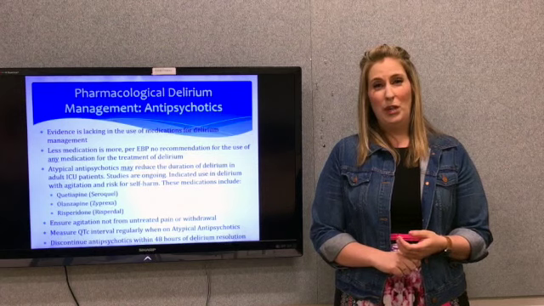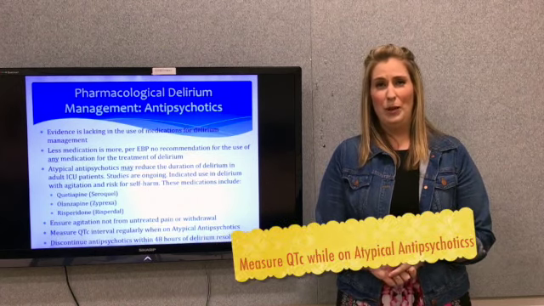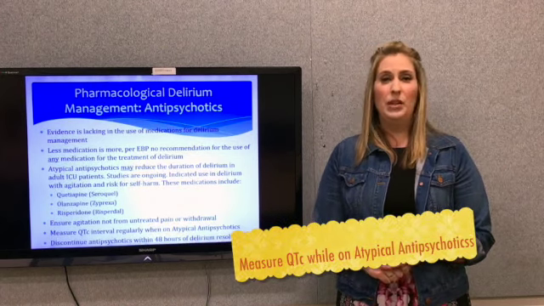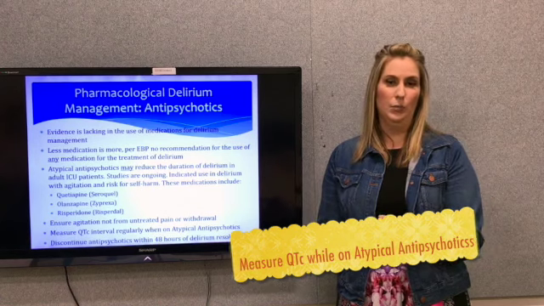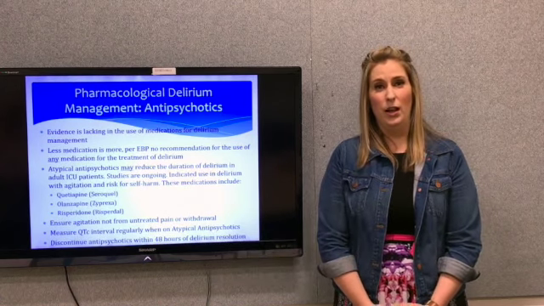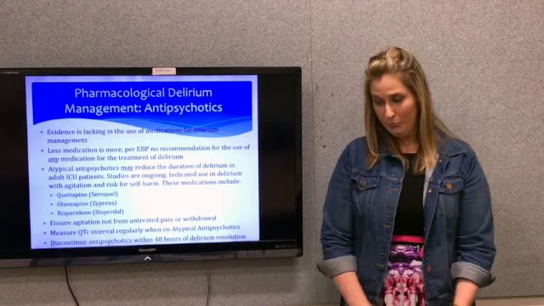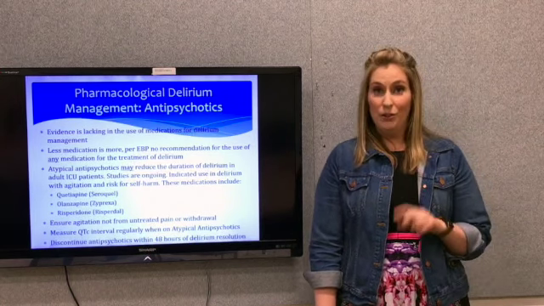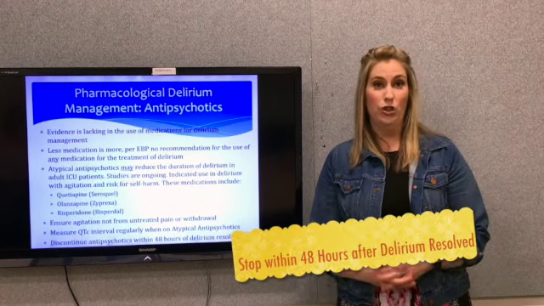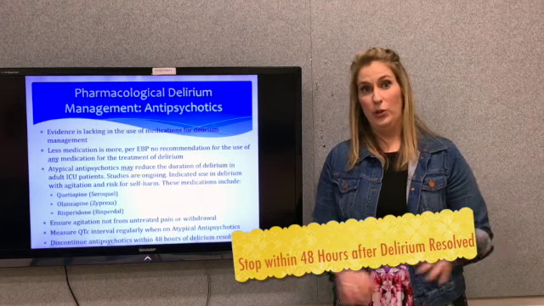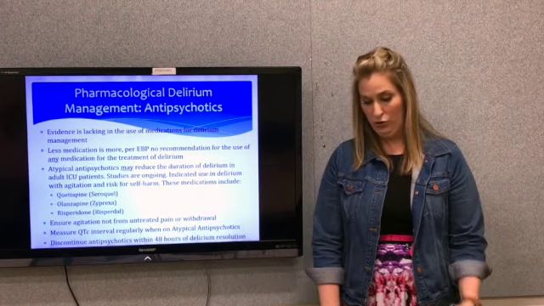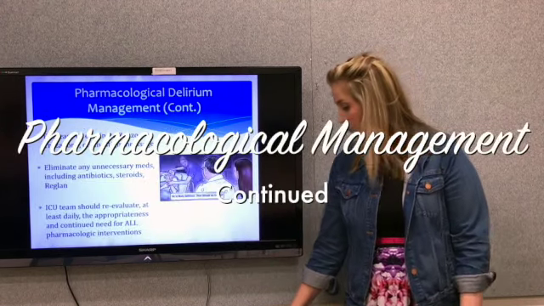You also want to make sure that you're measuring these patients' QTC frequently, because all these atypical antipsychotics can cause QTC prolongation. And you should make sure that within 48 hours of a delirium resolution that these medications are stopped. So they should be off the patient's chart within 48 hours.